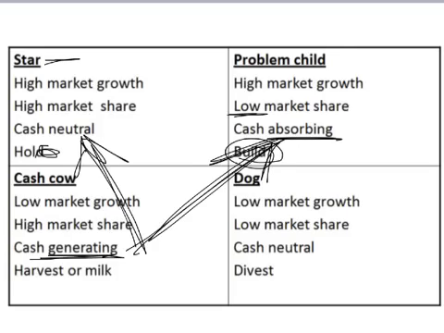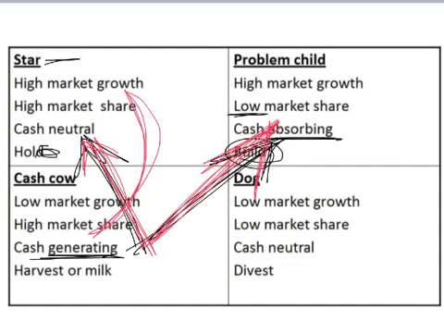So just to remind you then, we use the cash from a cash cow to make up for the fact a problem child is cash absorbing. We use the cash from a cash cow to help a star. Hopefully that star will then one day become a cash cow, and hopefully one day, if we've spent on a problem child, that may well become a star.